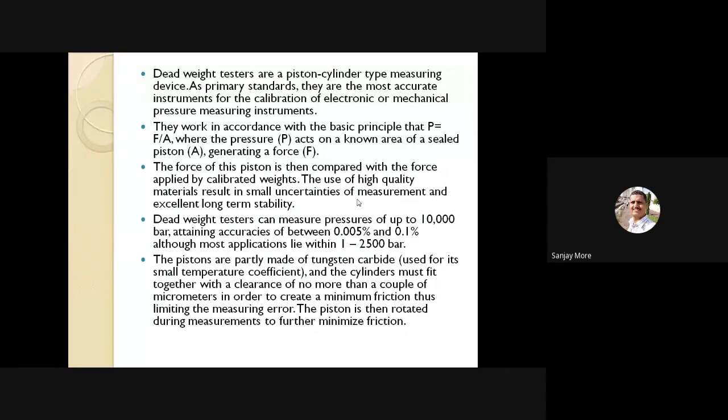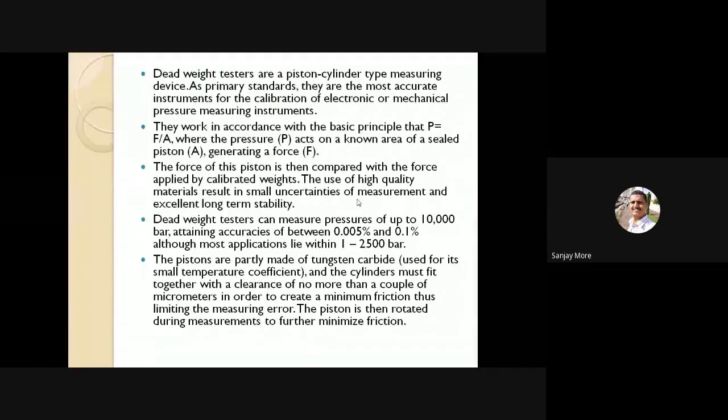The use of high quality materials results in small uncertainties of measurement and excellent long-term stability.